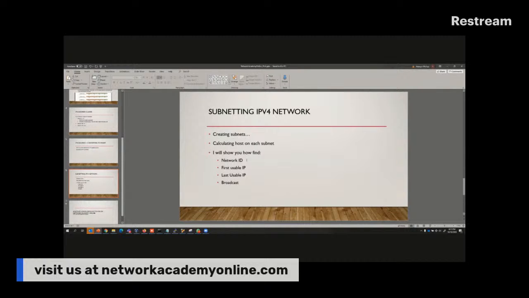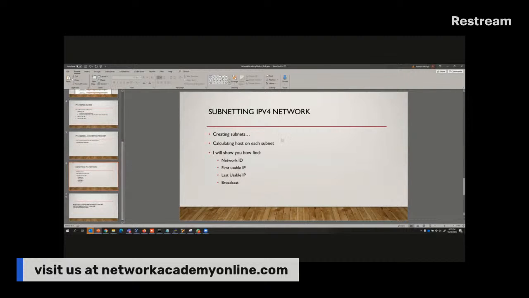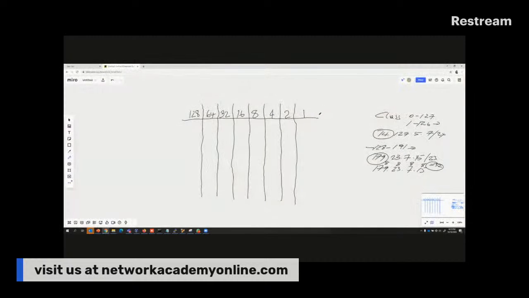I'm going to show you how to identify the network ID. And I'll also show you how to identify the first usable IP, the last usable IP, and the broadcast. So hang tight. Lots of information to discuss. Lots of things to digest, but this is a recording, so you will totally be able to go back over it and just fill in the blanks.